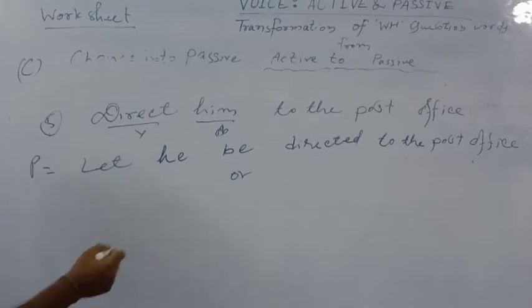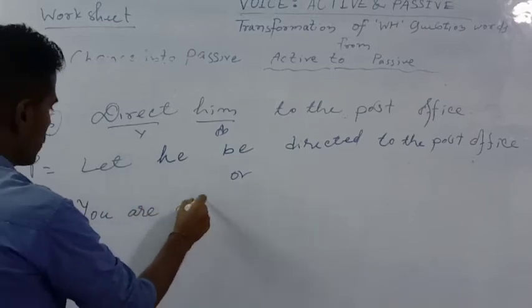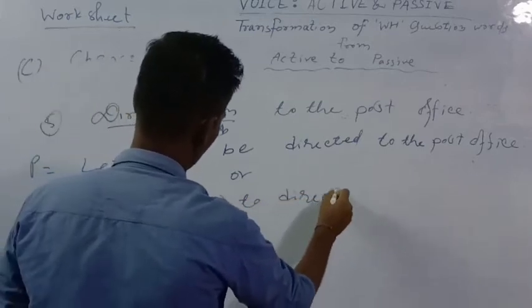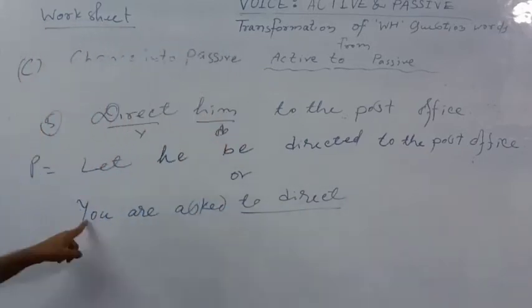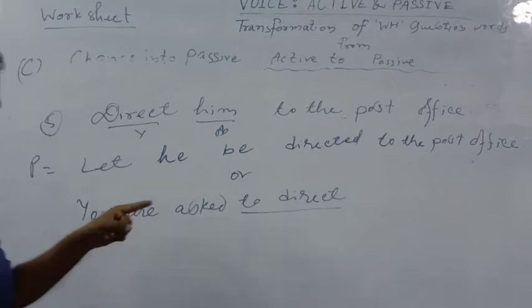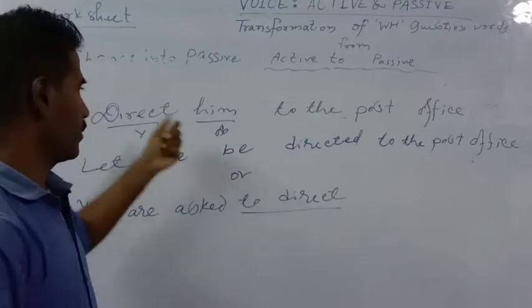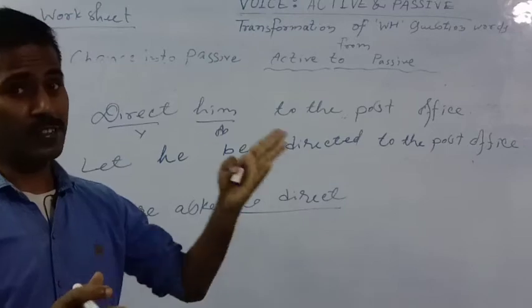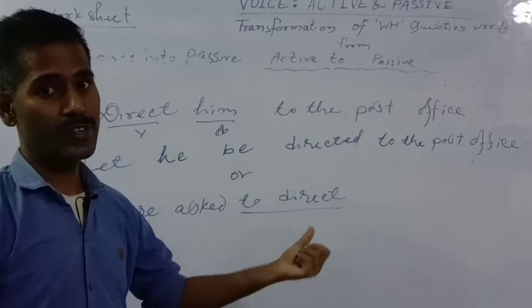Or you can write, you are asked to direct him. This direct is the verb, and we have to make it infinitive. In this second process, remember that the verb of the active voice should turn into an infinitive when it becomes passive.